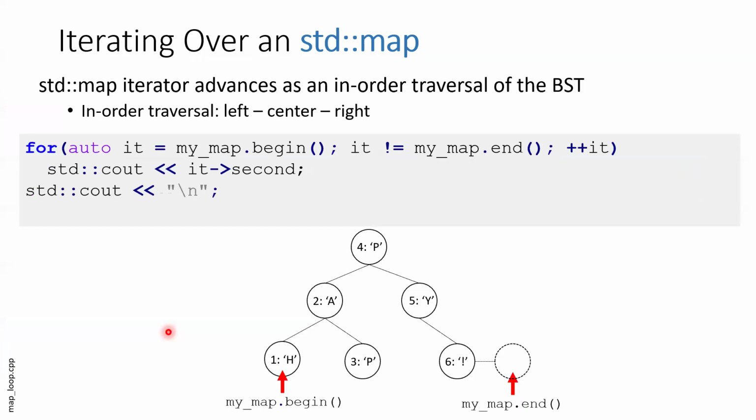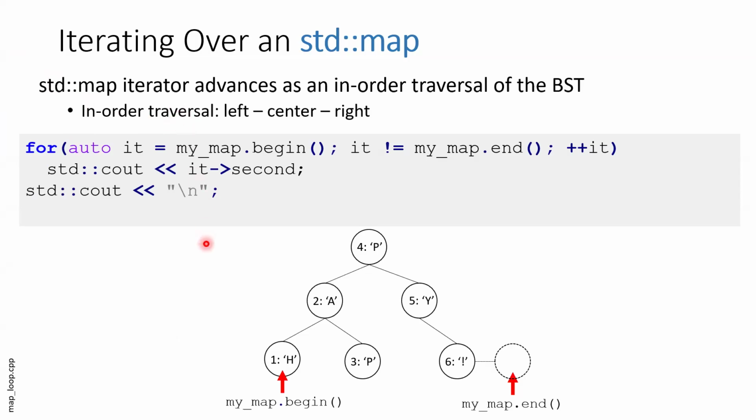This is because the map iterator advances as an in-order traversal of the binary search tree. In-order traversal means left, then center, then right. And because it's a binary search tree, in-order traversal is sorted.